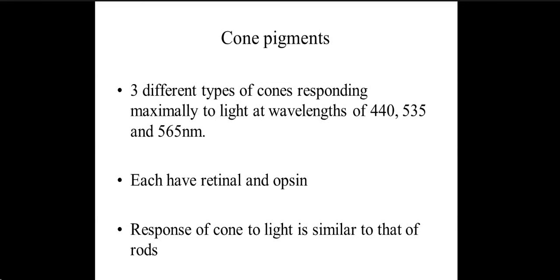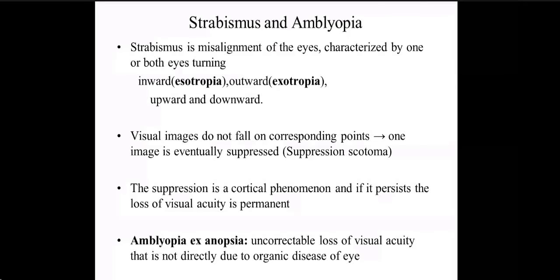Rods and cones are the photoreceptor cells, and there are 3 types of cones: one is maximally active at 440 nanometers, another at 535 nanometers, and the third at 565 nanometers. That will come later.